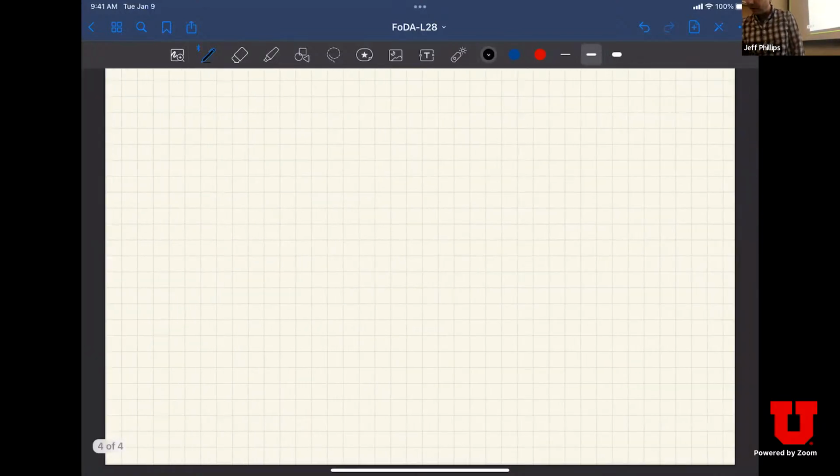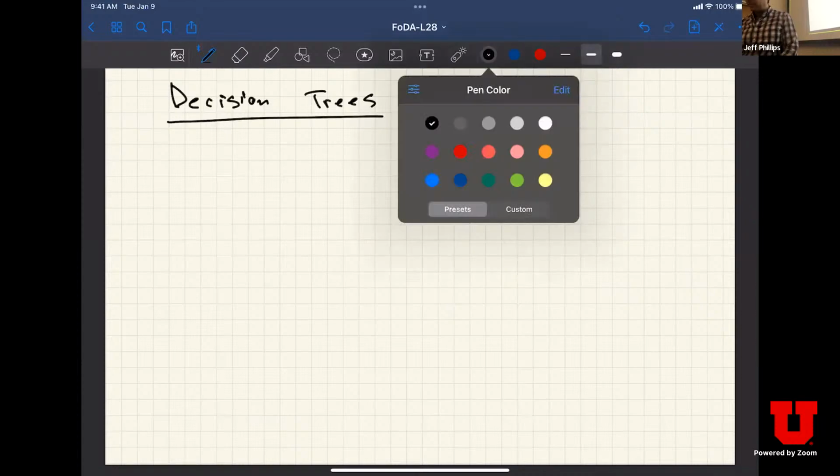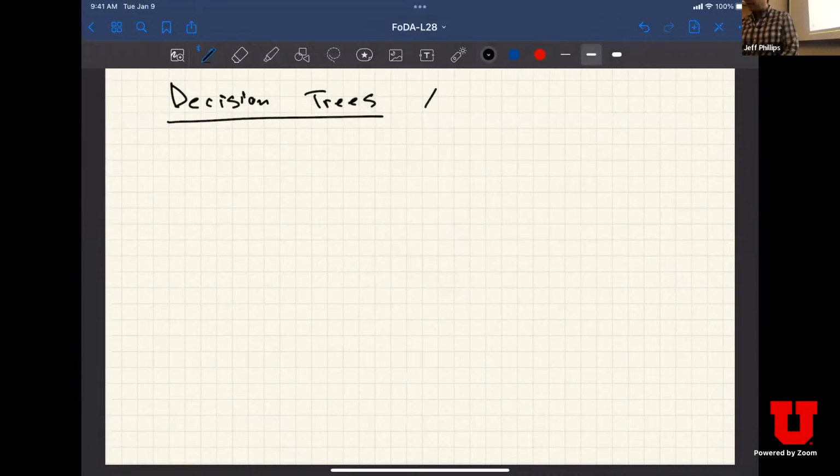The next classifier I want to mention is decision trees. This classifier assumes that, unlike before, the data X is going to be in R^d.